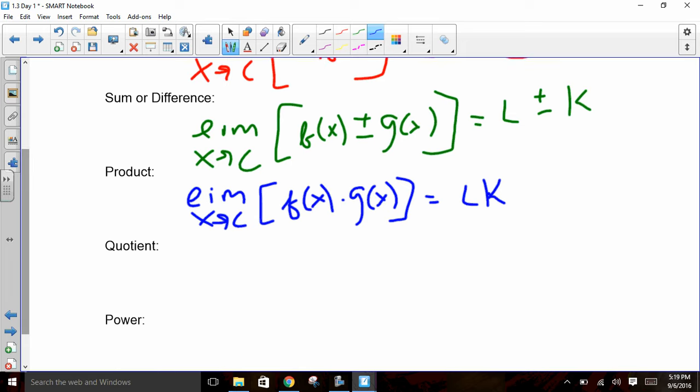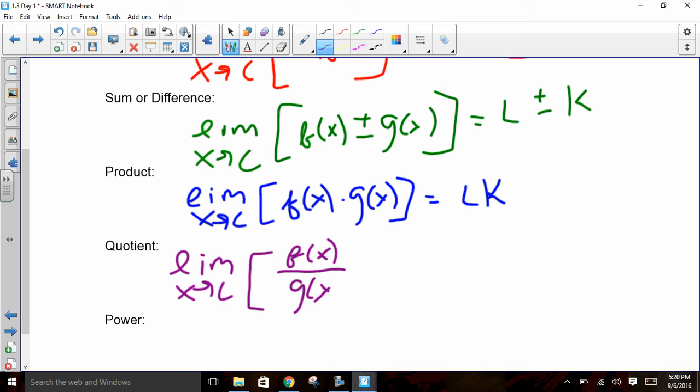Quotients mean division. So I take the limit as x approaches c of, it doesn't matter which one, say f of x divided by g of x. Then that would be the division of those two values, L divided by k.